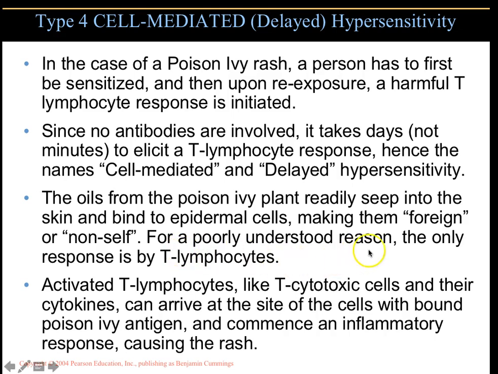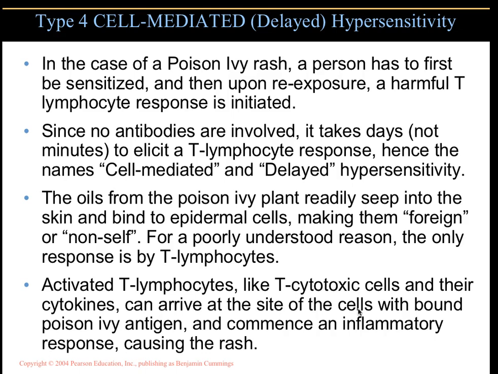So again, poorly understood, the response is only by T lymphocytes. Activated T lymphocytes, like T cytotoxic cells and their inflammatory cytokines, can arrive at the site where you've come in contact with poison ivy, and the poison ivy oils have now sunken into the layer of the epidermis where you have live cells.